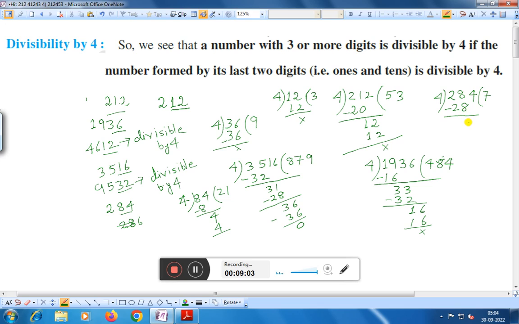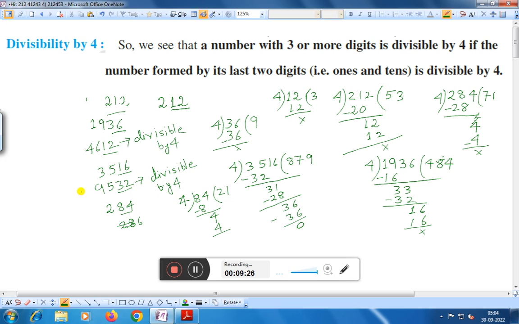We divide, it leaves 4. And 4 ones are 4. Therefore, 284 is also divisible by 4. Let us take another example.